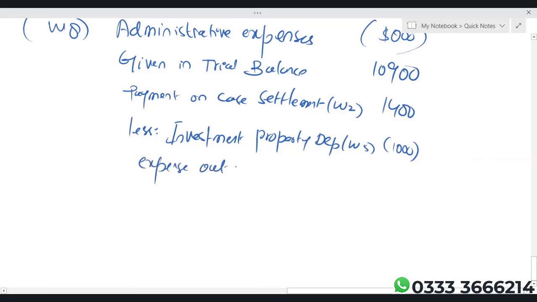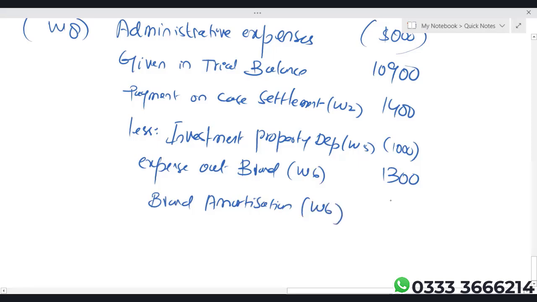Expense out brand, working 6, is 1,300. Brand amortization, working 6, it is 100.